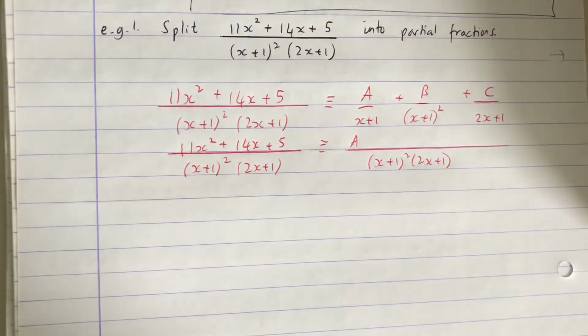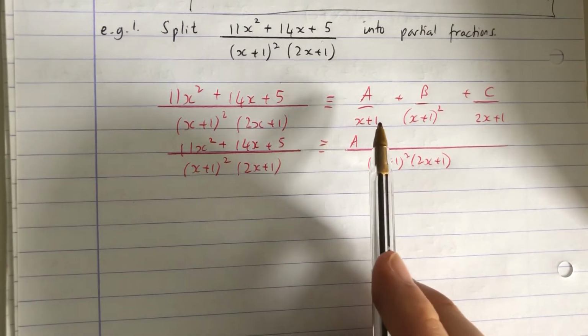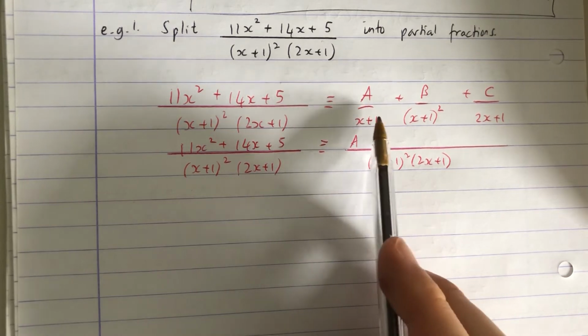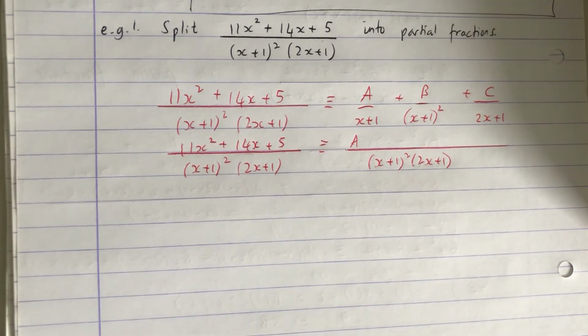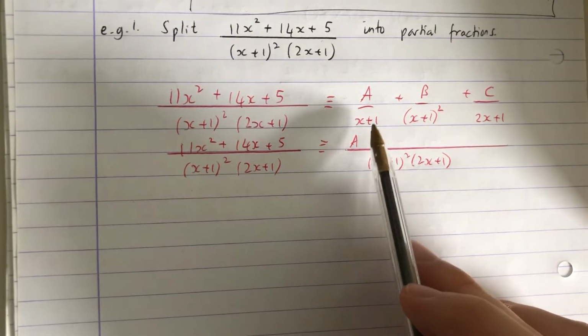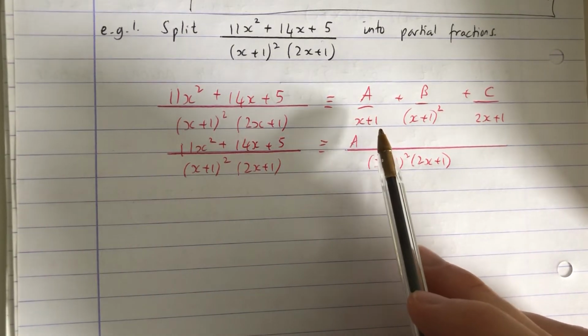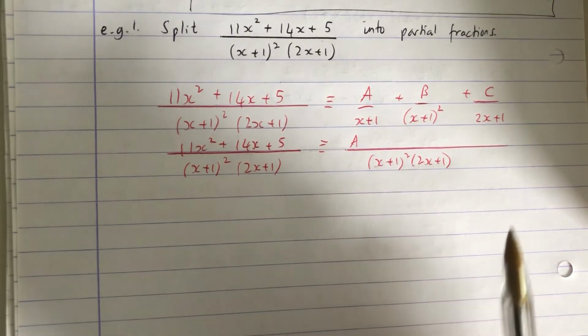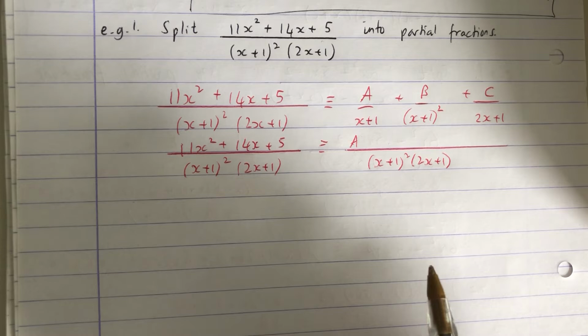But this numerator already had an x plus 1. So I don't have to just times the numerator by the other two denominators. That will not work. In order to get a denominator of x plus 1 squared 2x plus 1, I'd have to times the first fraction just by x plus 1, 2x plus 1.